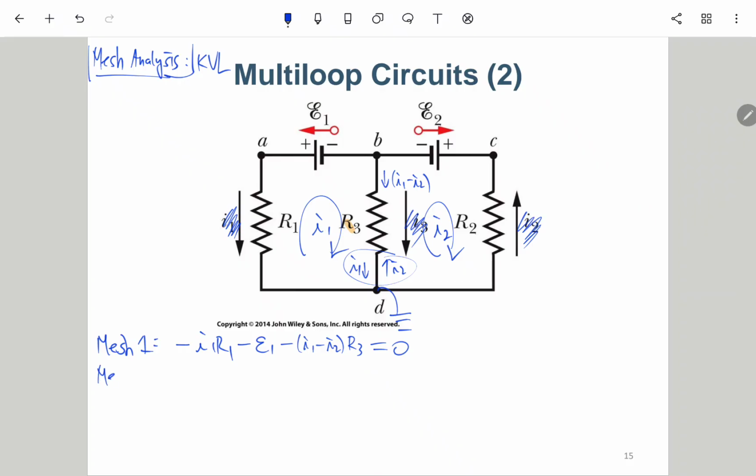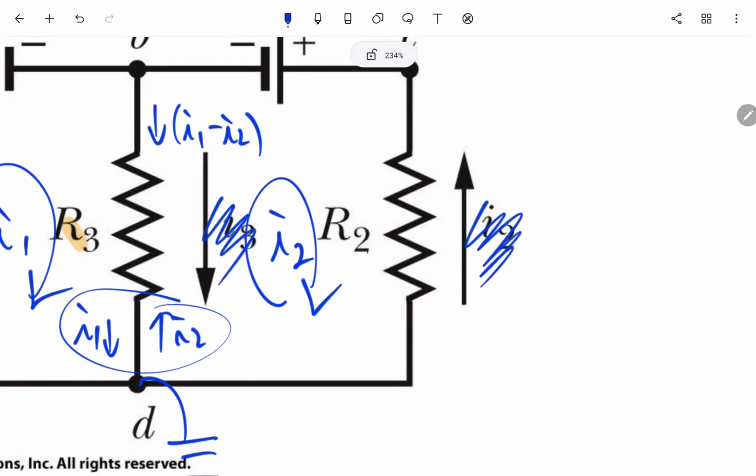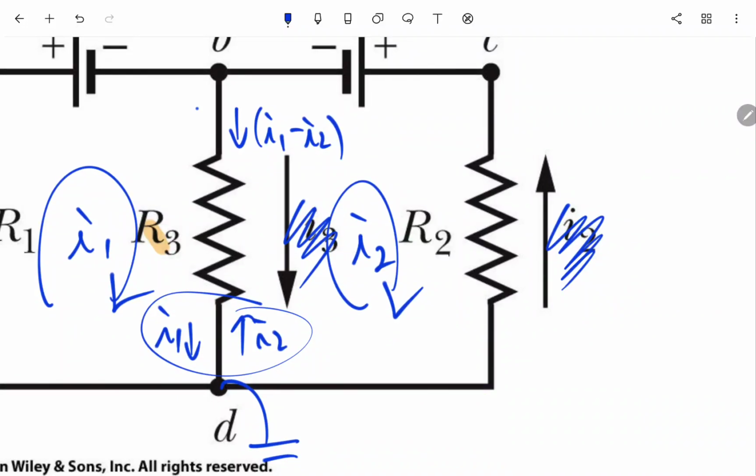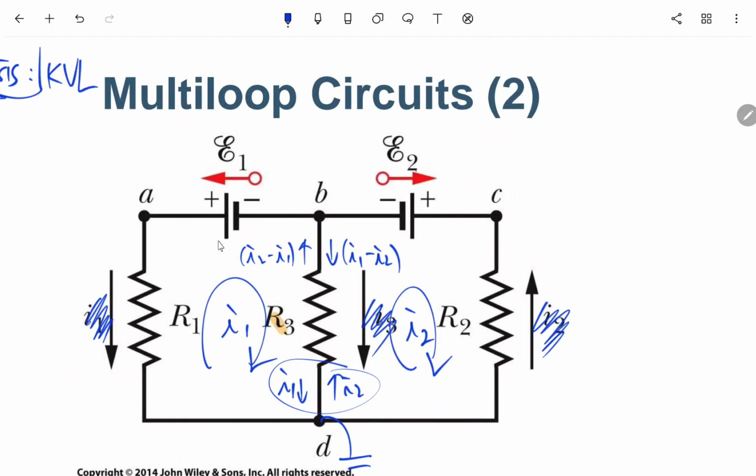And then for mesh 2, we still start from the VD and go from bottom to top. In that case, it is like I2 minus I1, so we have minus (I2 minus I1) times R3 for this R3.